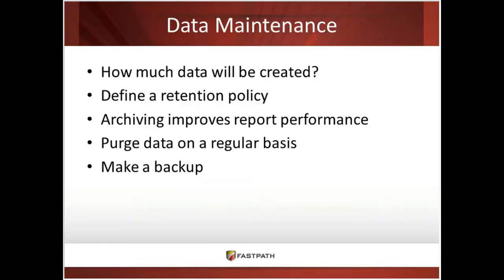If you're not a private company or you're not subject to an audit, it may not have the same requirements as financial and operational data. Just make sure you check with your internal and external auditors first to determine what that retention policy needs to be. And then archiving is going to improve your report performance.